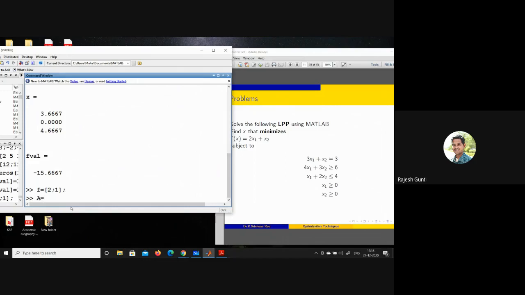What is A? Capital A. Tell me anybody, what is capital A for this problem?